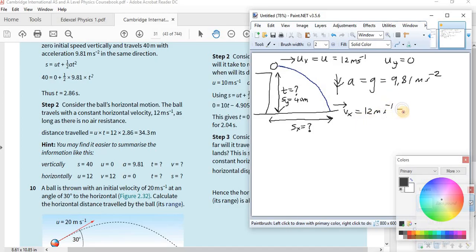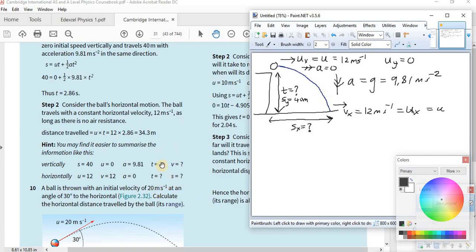So this is equal to UX. Then in the horizontal direction the acceleration is 0. We could have also labeled that. Because there is no force in the horizontal direction, the acceleration is 0. That's why the velocity in the horizontal direction is constant.